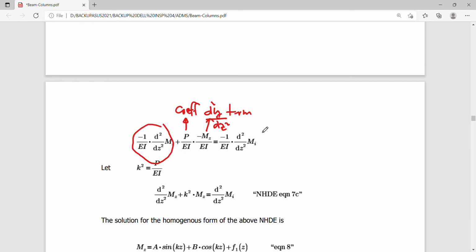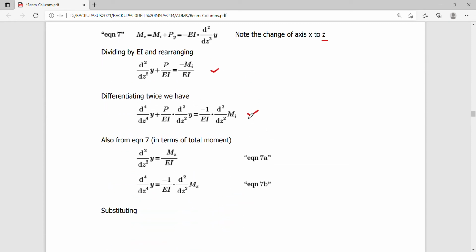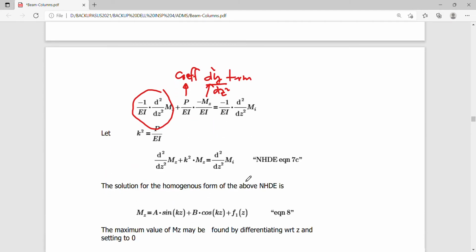So this right hand side is simply rewritten from this original equation on top. And if we define a variable k squared equivalent to this coefficient, we can come up with a simpler equation, which is a non-homogeneous differential equation.